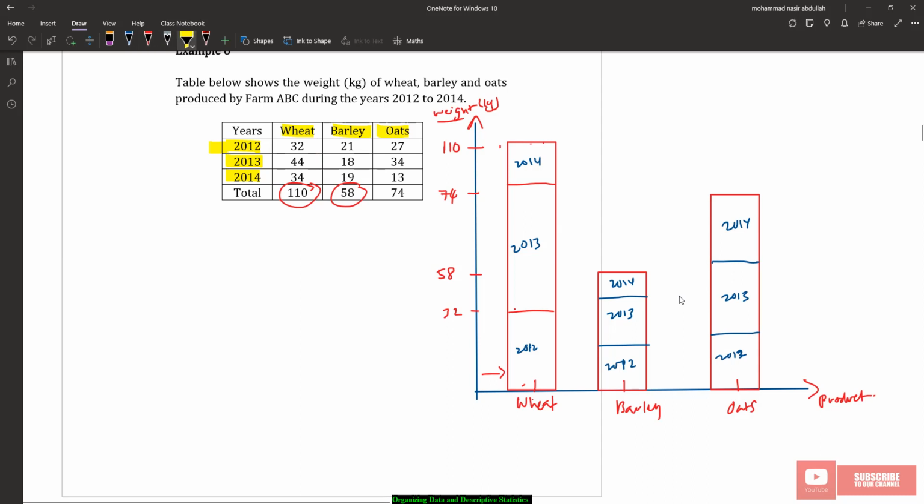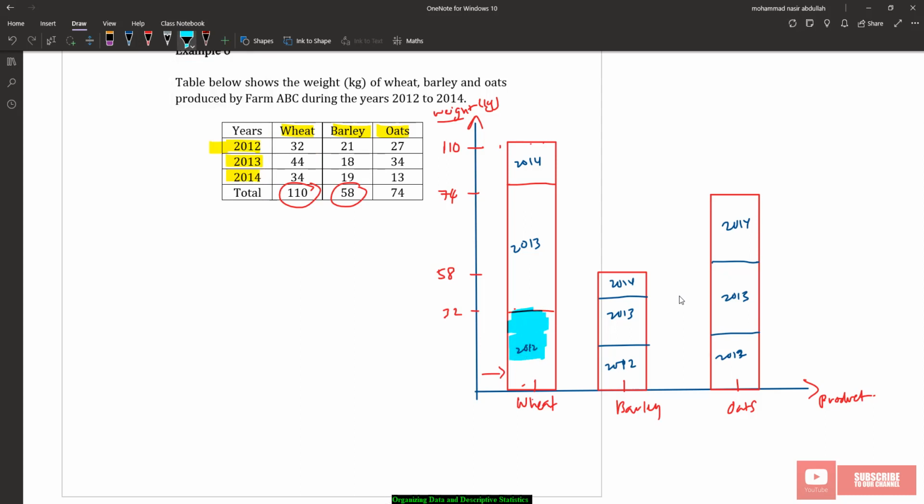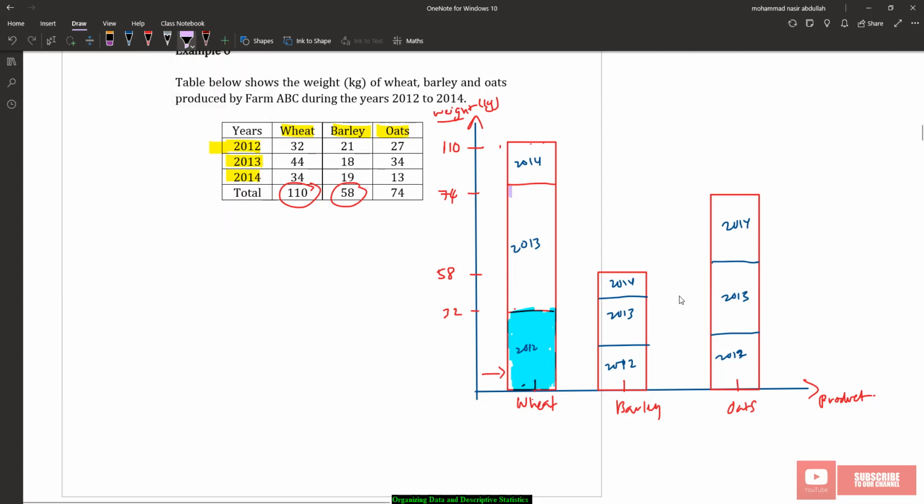And of course you need to add some notation here. Let's say for 2012 you use the color blue. And then for 2013, let's say we put purple. Purple here.